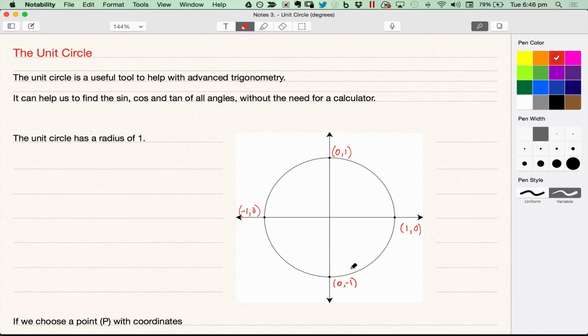Now, you can see it's called a unit circle because unit means 1. So it's 1 all the way around.